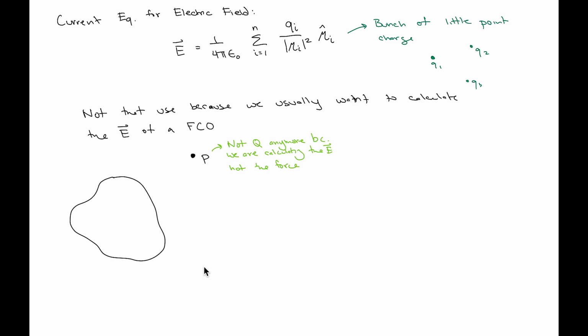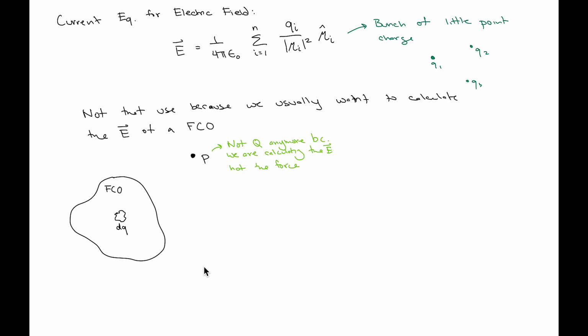Let's say we can break up our little funky charged object here into little bits of charge. I'm going to say each little bit of charge here has an infinitesimal amount of charge, which I'm going to call dq.